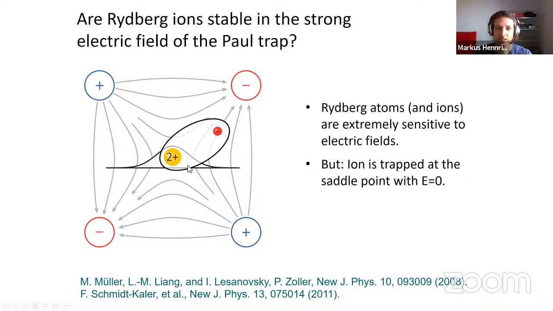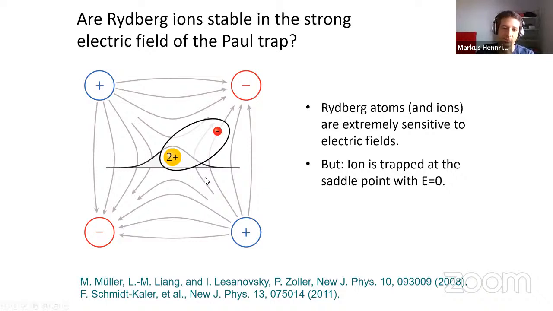Okay, and now the question is, when you look at Rydberg atom experiments, usually they try to compensate all electric fields as much as possible, so that the energy levels are not affected. And we actually want to put such an ion in a strong electric trapping field. So the question is, what does it do to such a Rydberg ion? The good thing is the ion is trapped at the saddle point of this electric field.